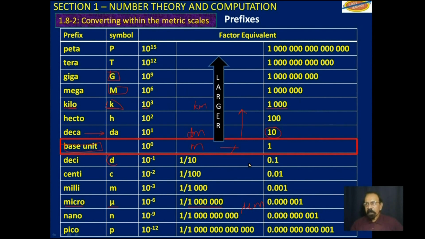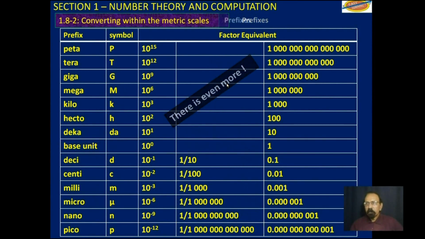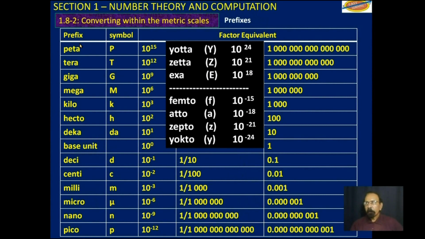Down here, deci means 1/10, centi means 1/100th, milli means 1/1,000th, micro, as we said just now, means 1/1,000,000th, and so on. It gets smaller when you come down. There is even more. Going up from peta, you have exa, zetta, and yotta, and then going down from pico, you have femto, atto, zepto, and yocto.